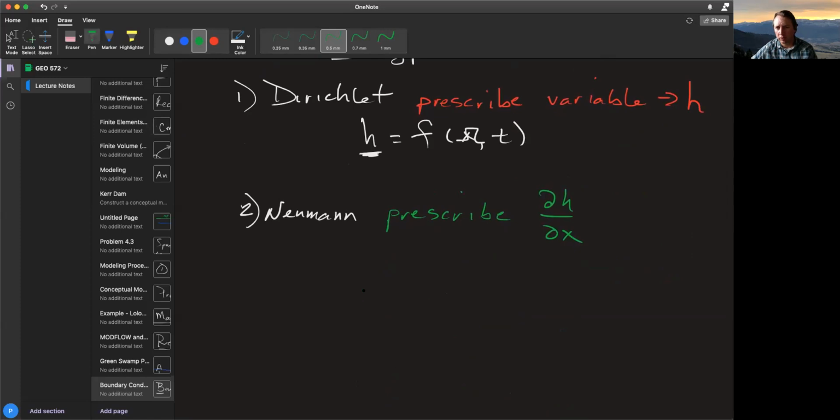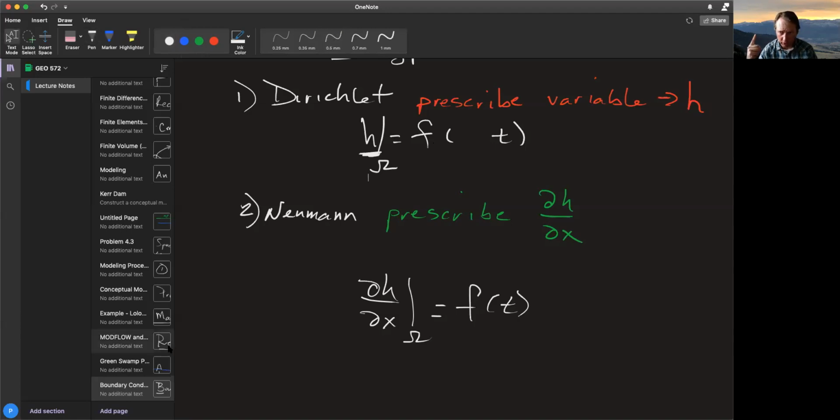So here, we say dH/dx on the boundary is equal to some function of time. And that's really how I should write this one up here. I'm going to get rid of this guy. This is a more correct way: H on the boundary omega is equal to some function of time. Okay, we can either prescribe the variable, or we can prescribe the gradient of the variable.